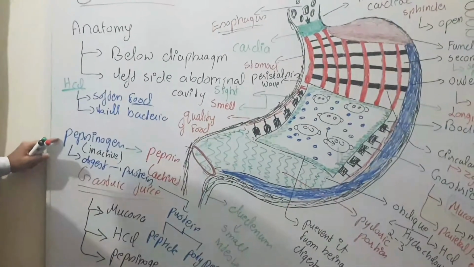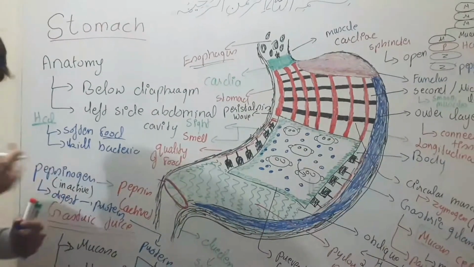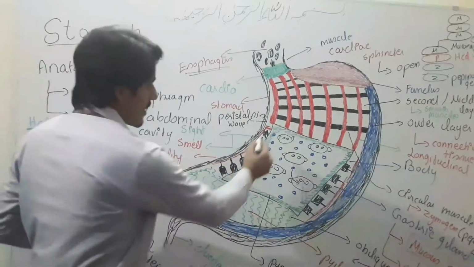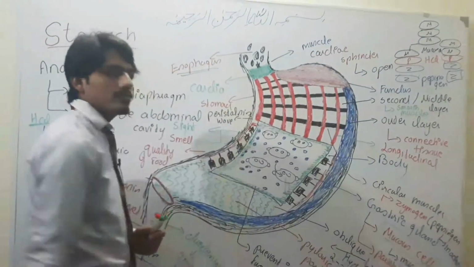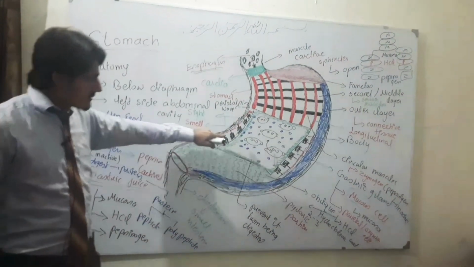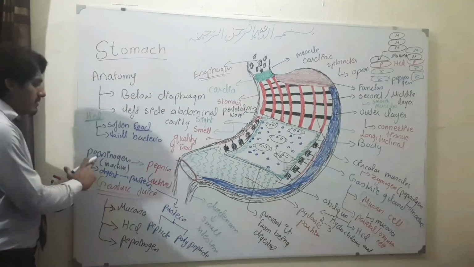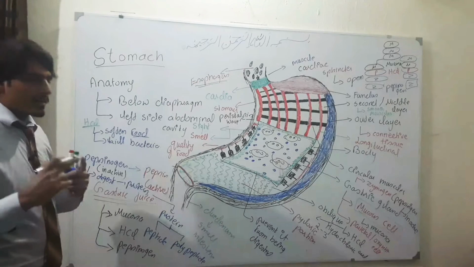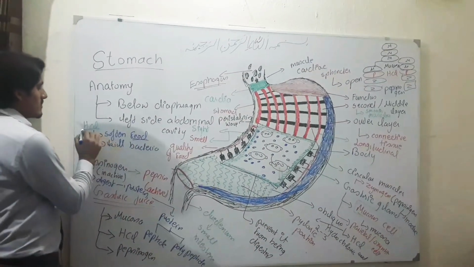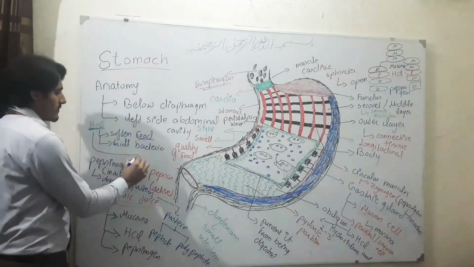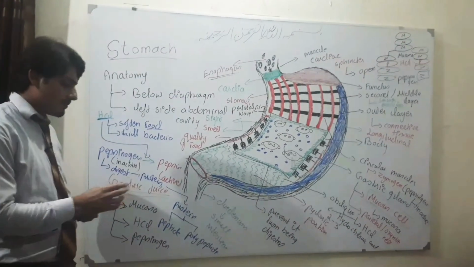So, therefore, it is secreted in its inactive form, because otherwise it may hydrolyze the wall of the stomach. To prevent that, pepsinogen is secreted in its inactive form. So, when food comes, HCl is produced, which converts pepsinogen into its active form, pepsin.